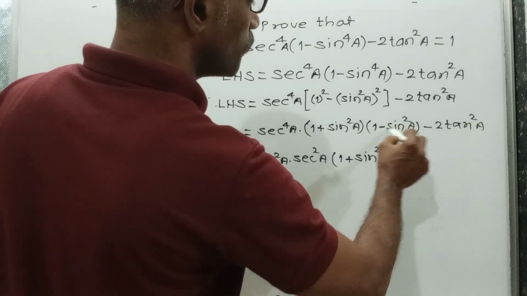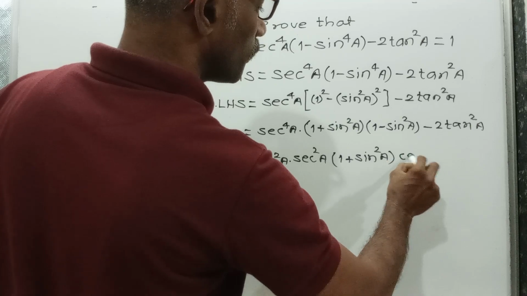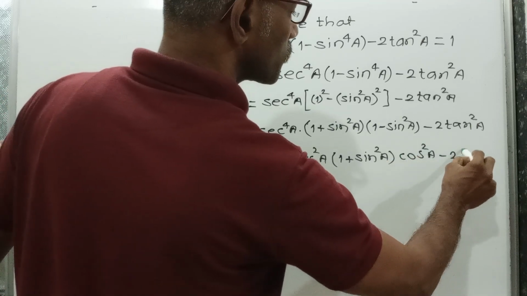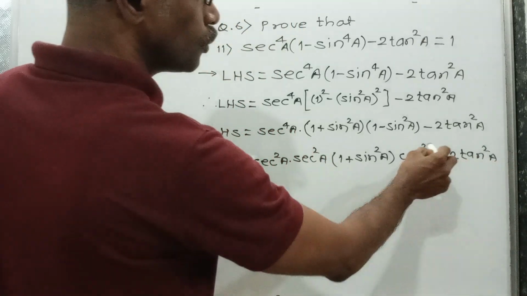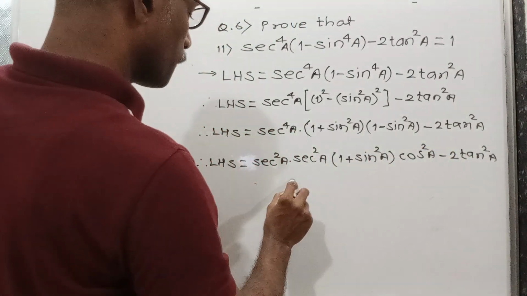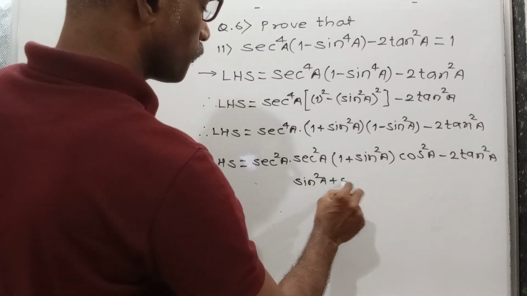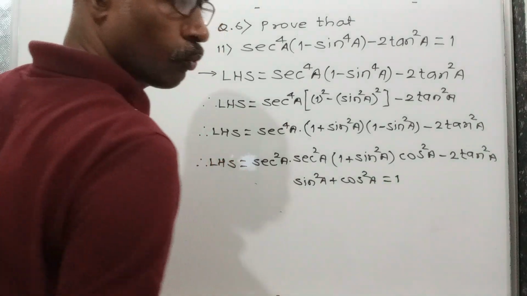Now instead of 1 − sin² a, we write cos² a, minus 2 tan² a.